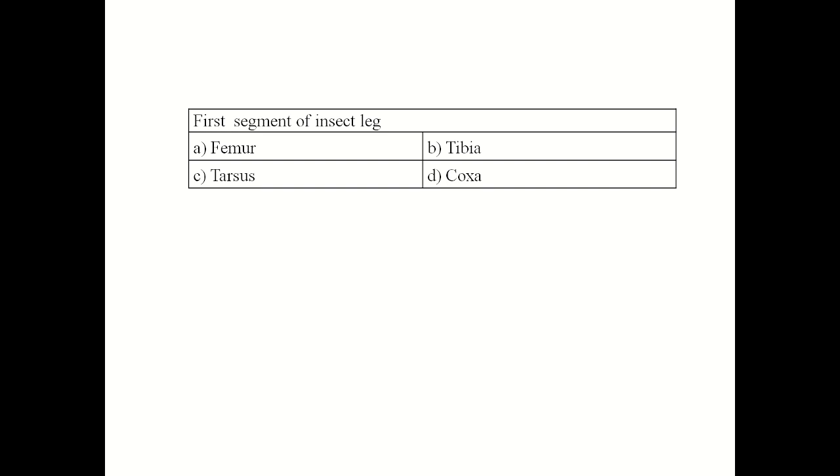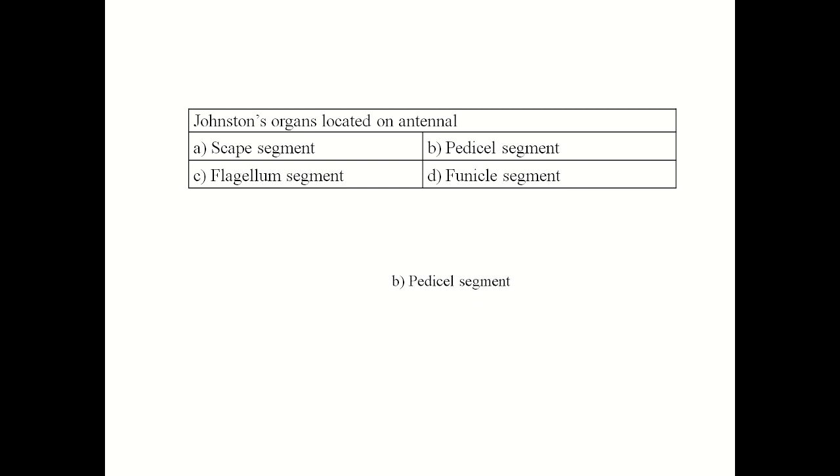First segment of insect leg is coxa. Johnston's organ is located on the antennal pedicel segment. Major organ of excretion in insects are Malpighian tubules.